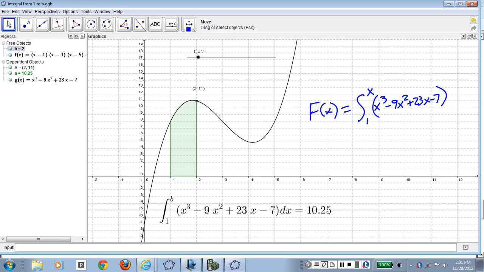Oops, I always do that. Those variables are not allowed to match. Let's do this: t cubed minus 9t squared plus 23t minus 7 dt.